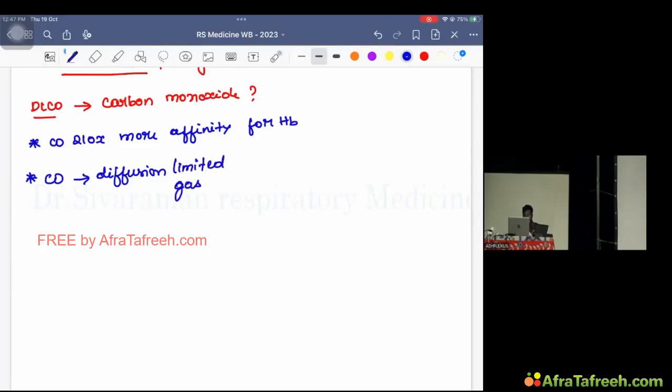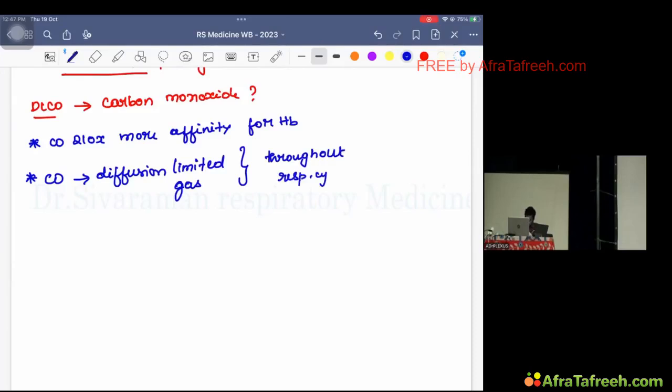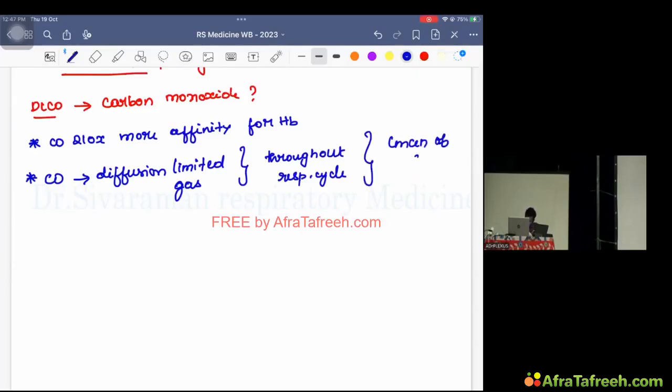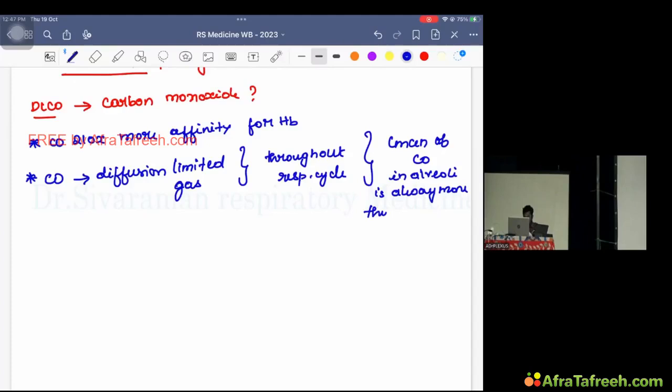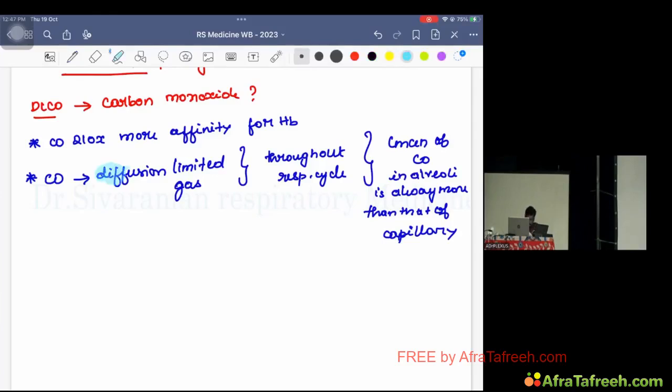Throughout the respiration cycle, the concentration of carbon monoxide in the alveoli is always more than that of the capillary.